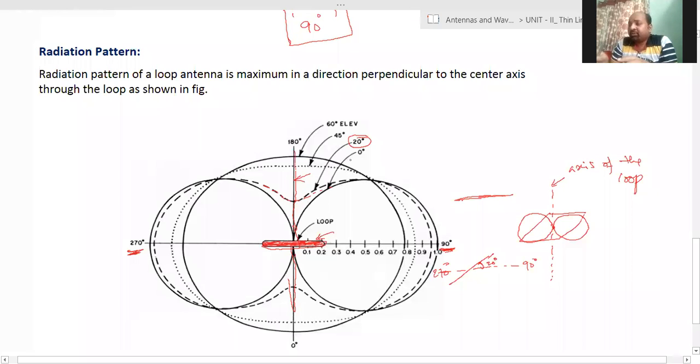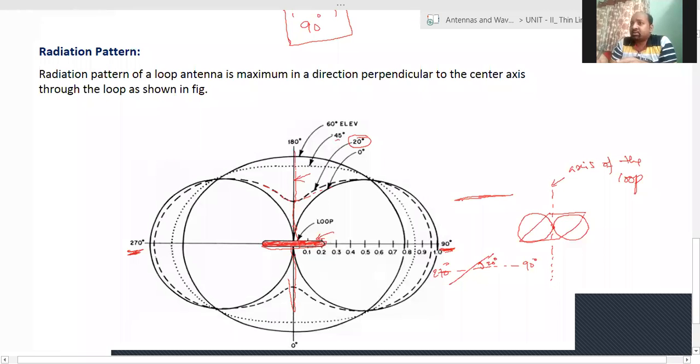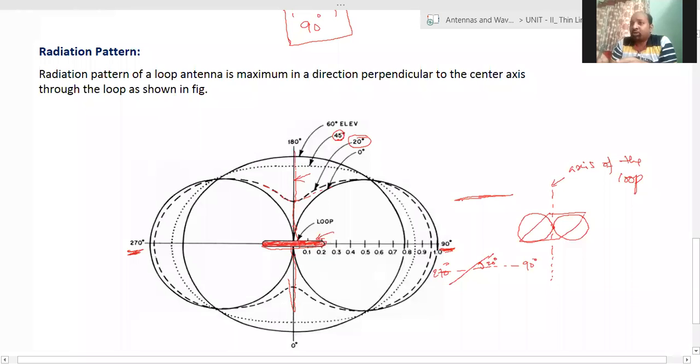And if the loop antenna is elevated further to 45 degrees, you can see the dotted line. This is the radiation pattern, and it almost looks omnidirectional, that means radiating in all directions.